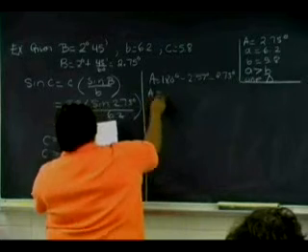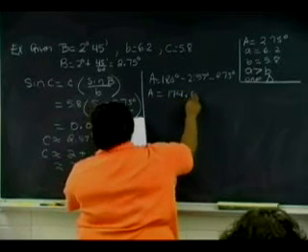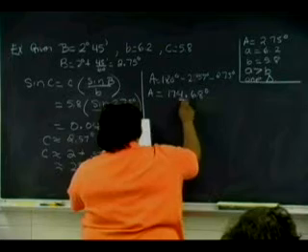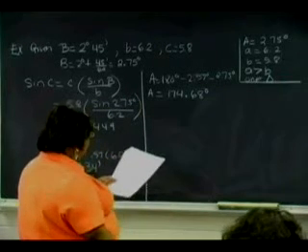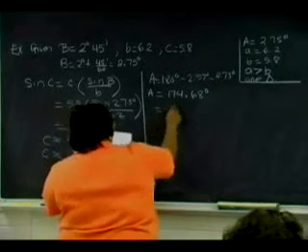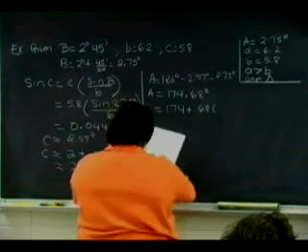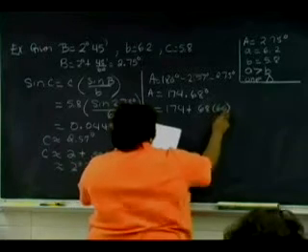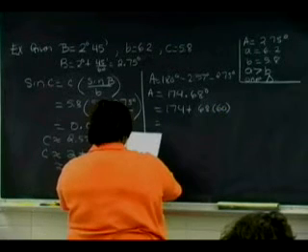So A is 174.68 degrees. Now, how do I change this? Same way. 174 plus 0.68 times 60. You have to put it back in minutes.